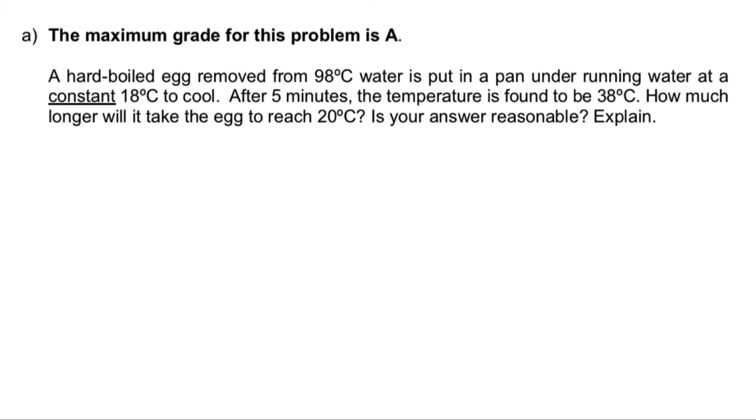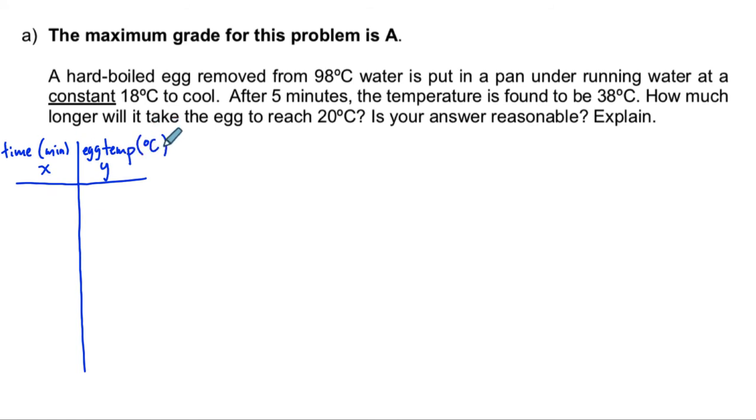So for part A, we have the temperature question. We define our variables in the table of values, and so we have x and y. X is going to represent the time in minutes, and y is going to represent the egg temperature. This is all part of the defining, and not everybody gave a quantity and the units for each of x and y.